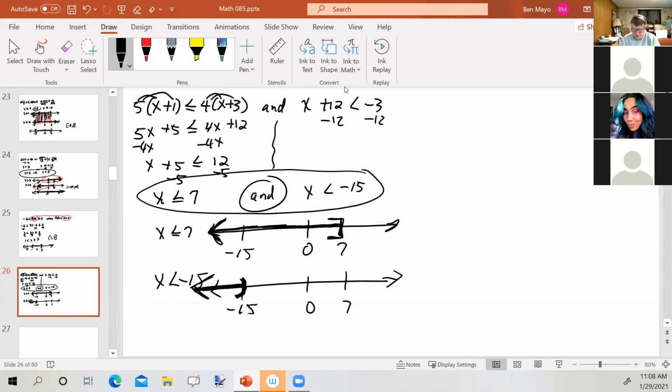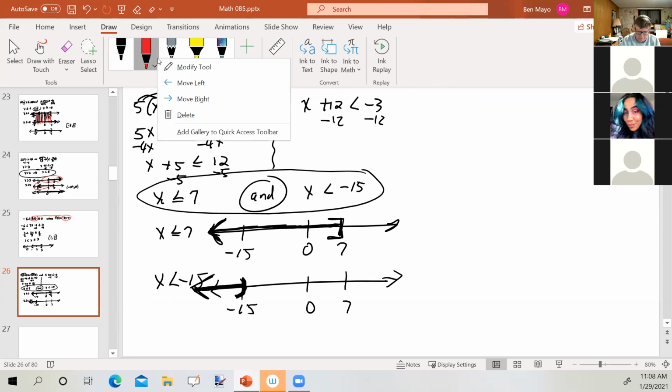And intersection, what do they have in common? Actually, -15 and infinity. It would be -15. No, not 15. Negative infinity up to -15, right?